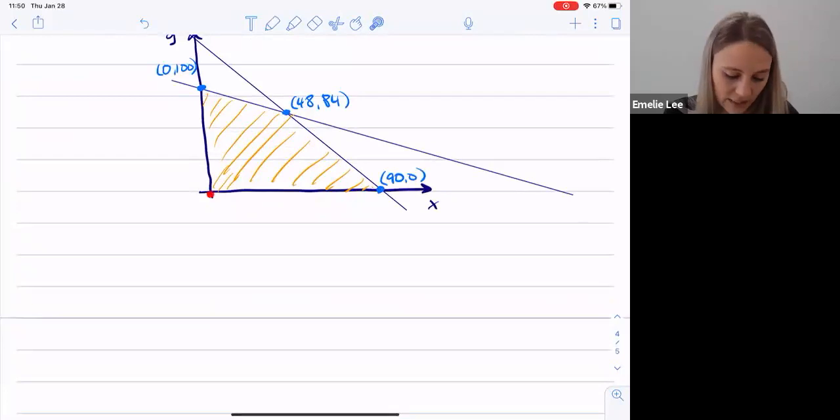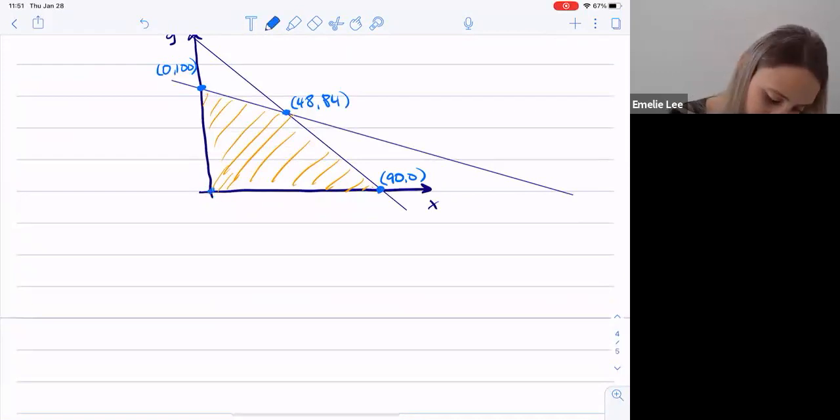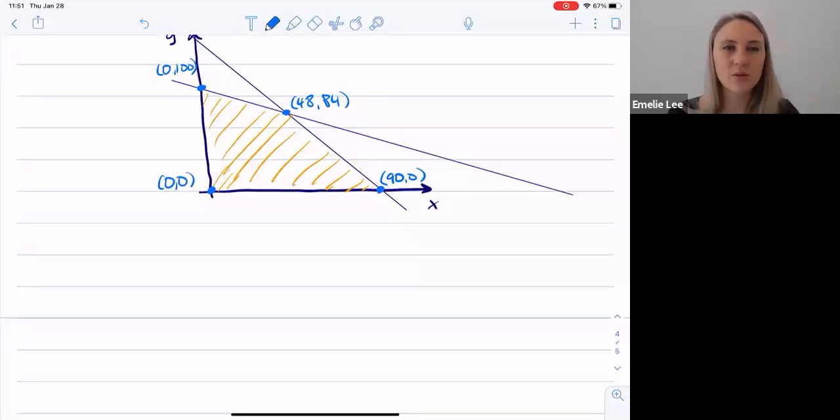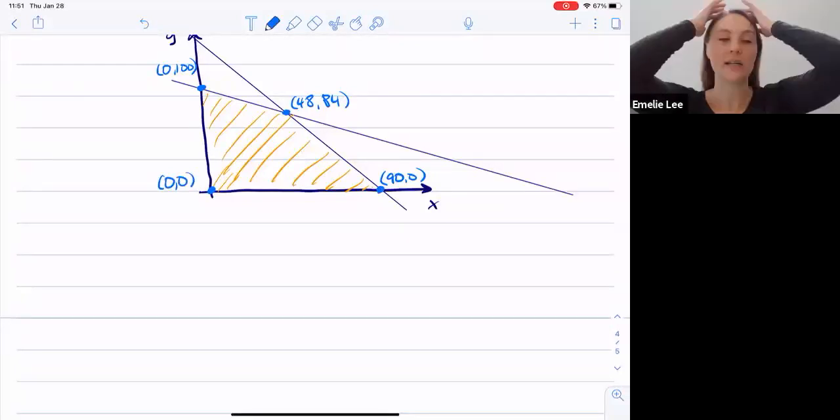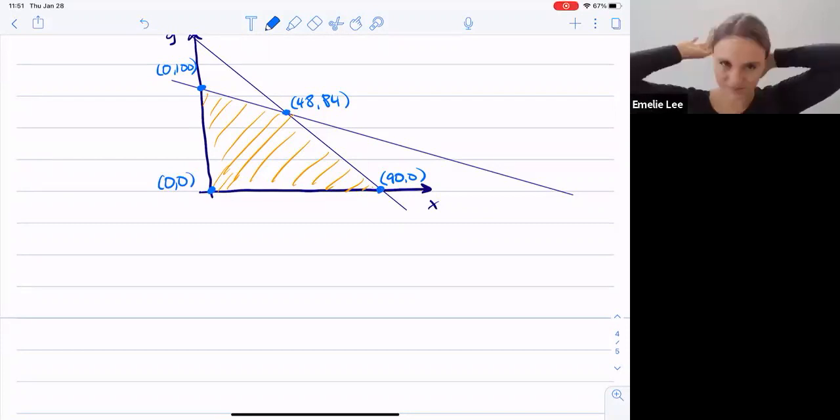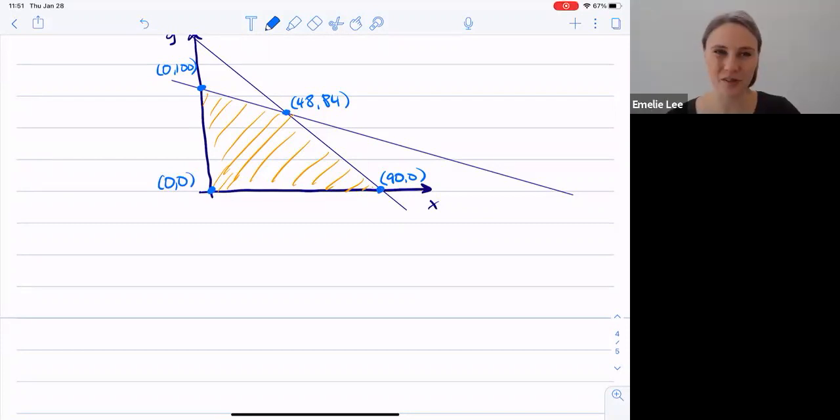And one thing I don't want you to forget is that 0, 0 is also a point of intersection. It's never going to be an optimized solution, but it is kind of an extreme of your solution. Use 0 material and 0 machines, you get 0 profit, but it is a solution.